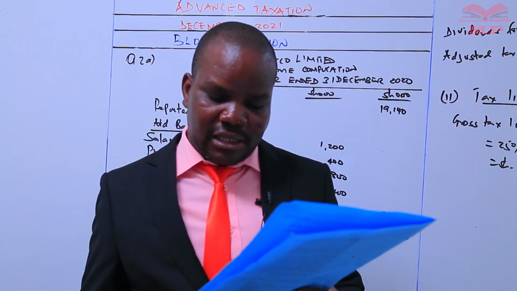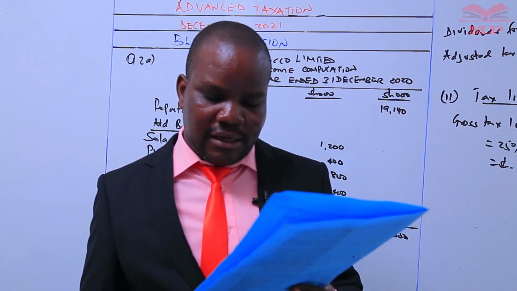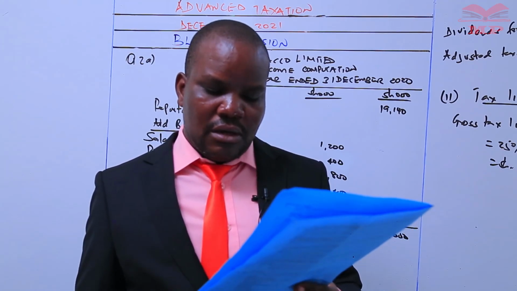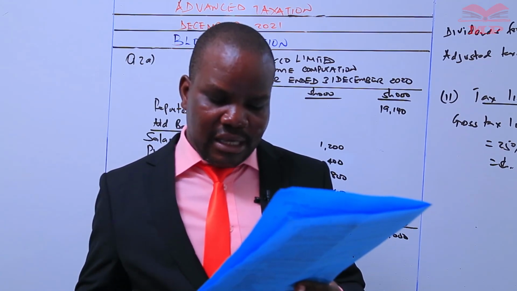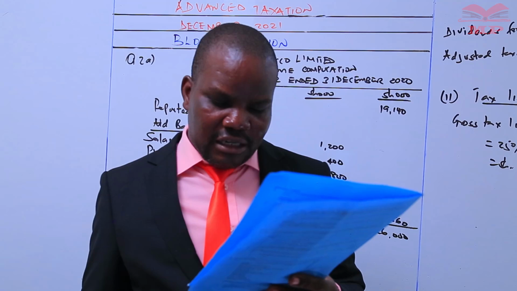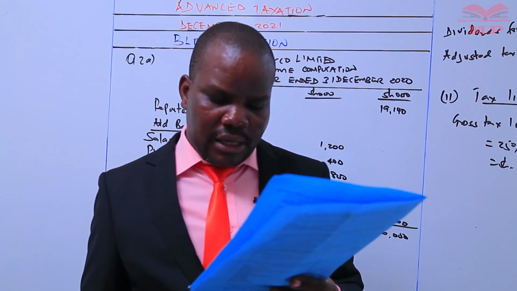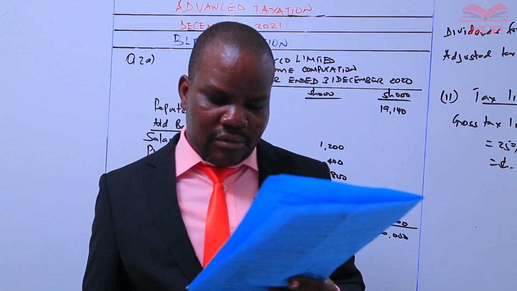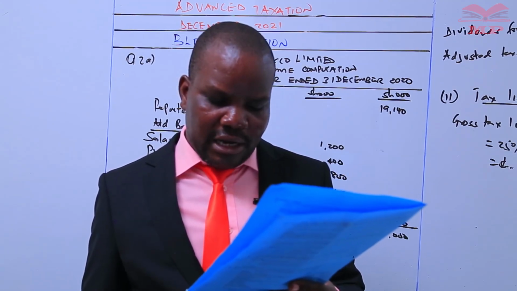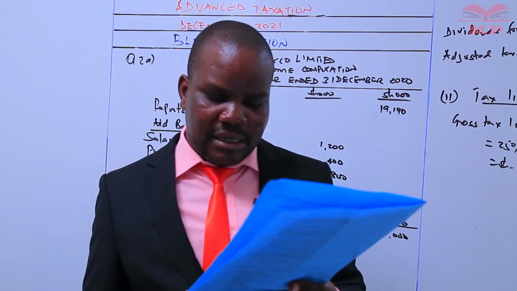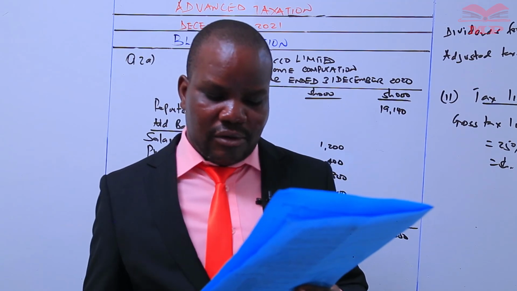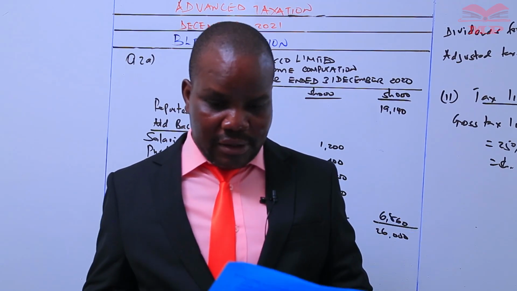Now this is allowable income under rental income, allowable expense under taxable rental income. So what we shall do, we shall have the amount received of 2.8 million shillings. Then we deduct the allowable property management fees of 3.2 million shillings. The difference will be a taxable rental income. So we shall do that and it's a computation.